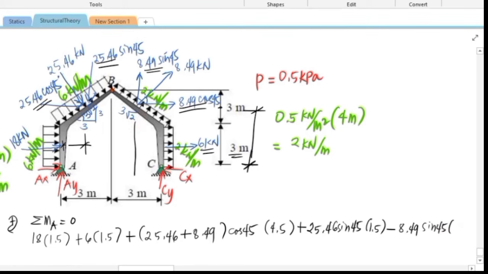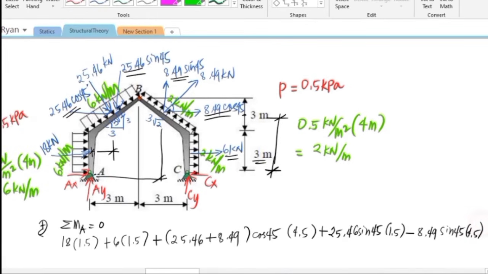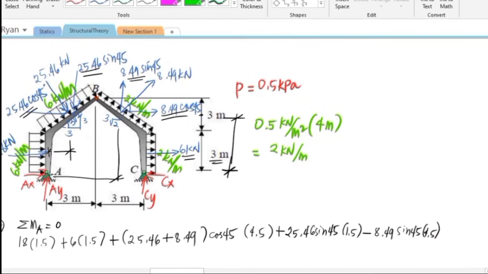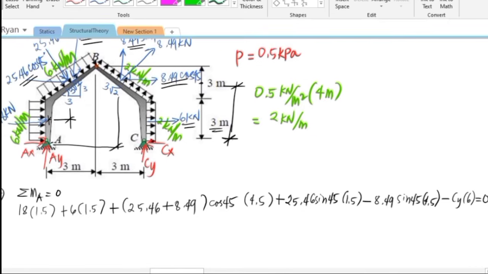So ito naman yung perpendicular distance niya, that is equal to 4.5 meters. The CY will create a counterclockwise rotation, so that's minus CY multiplied by the perpendicular distance of 6 meters is equal to 0.